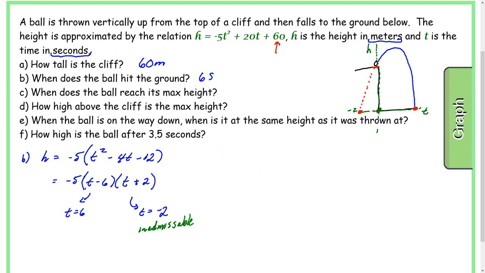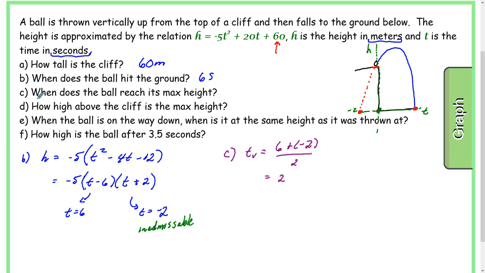So to find the vertex, I need my x-intercepts. So I'm going to find my t vertex. So my time vertex is going to be equal to 6 plus -2, all divided by 2, which is going to give me 2.